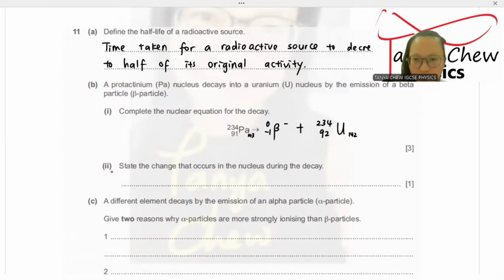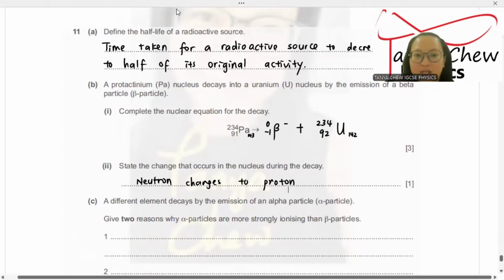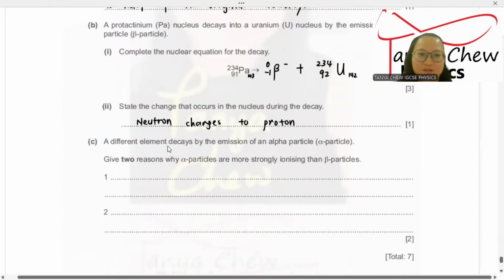So there's a decrease in neutron. It is because a neutron changes to a proton. That is why uranium has one more proton as compared to protactinium. Hard to pronounce the name.